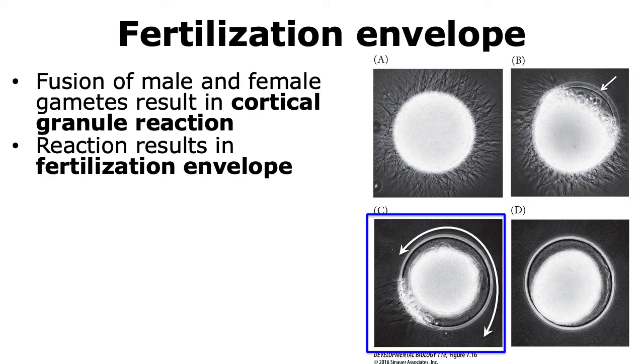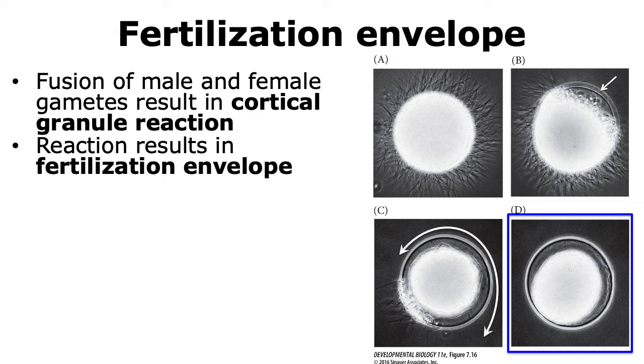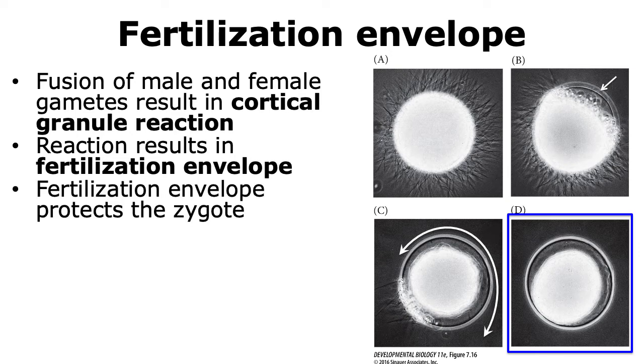The fertilization envelope grows so that it starts covering the entire fertilized egg or the zygote that has been formed, and ultimately we can see that the whole zygote is covered by the fertilization envelope. The fertilization envelope not only protects the zygote, it also helps in preventing polyspermy, or other sperm trying to fuse their plasma membranes with the zygote that has been formed.